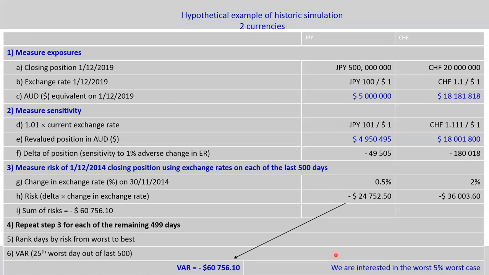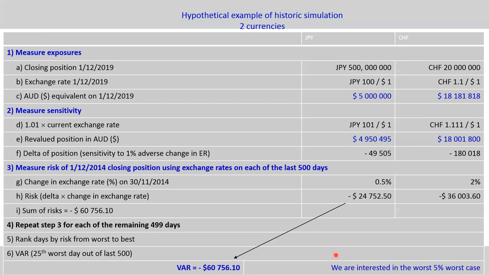And then when I list it, I will have 500 observations. I will sort them and choose the worst 25 days. Why 25 days? Because 25 days represents 5% of the observations, which is the 500 days.